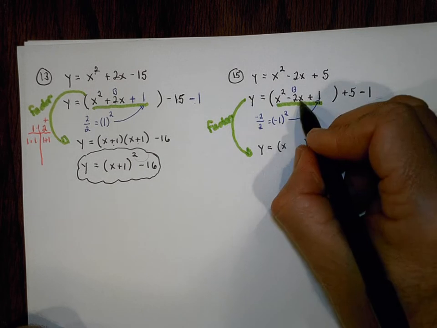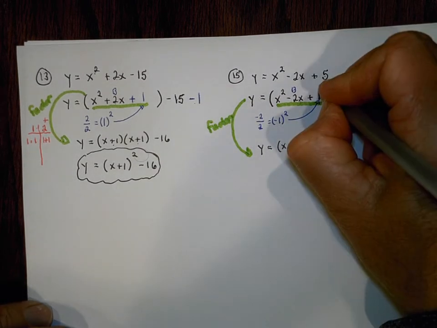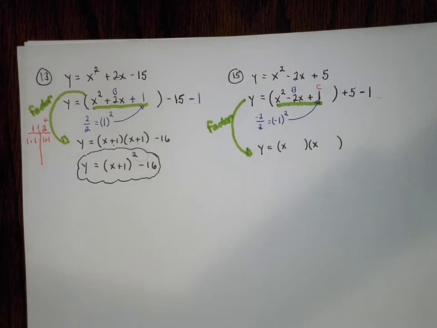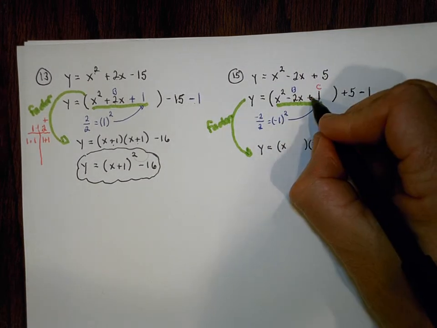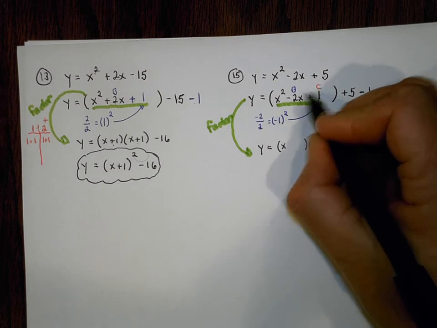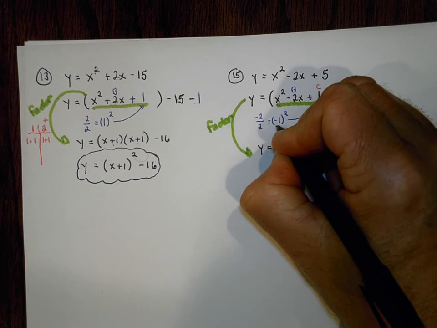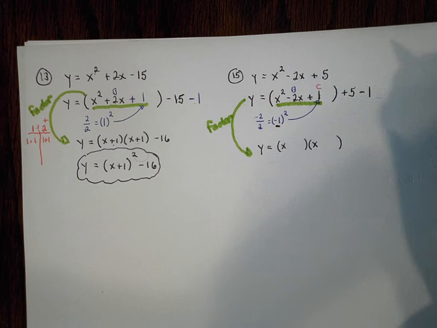And then to factor it, I'm going to look at the c value, which is positive 1. And then I need to find two numbers that multiply together to make the c value, positive 1, but those same two numbers have to add to make negative 2. And you could see right there, when I divided the b value by 2, that tells me what my two numbers are. That's a shortcut.